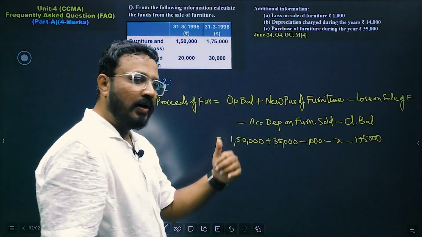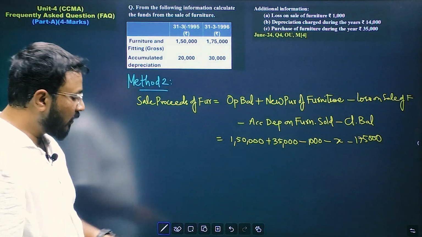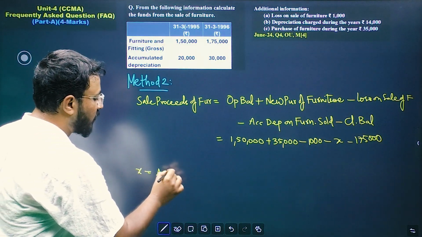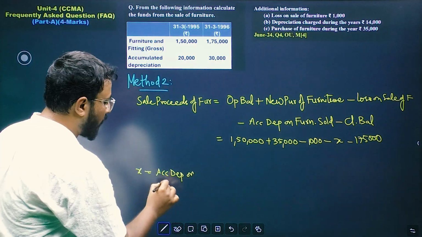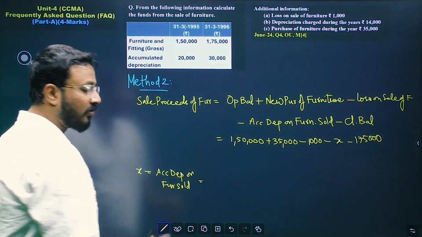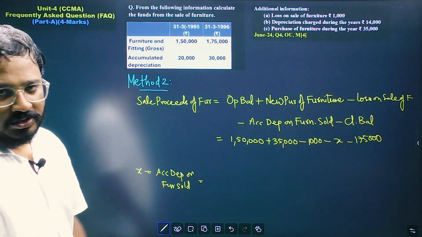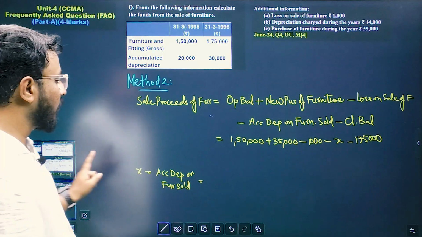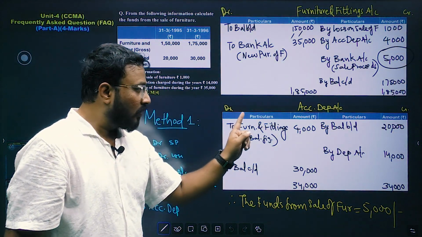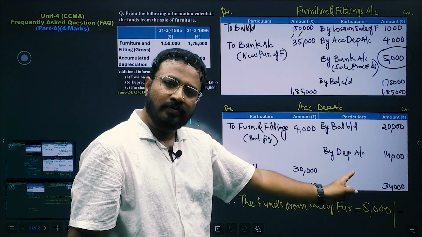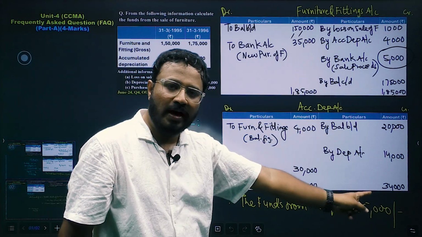Right? Let's find out that X. X రావాలంటే what is X here? X is accumulated depreciation on furniture sold. From where you will get this information? From the accumulated depreciation account. Okay. If you observe the method 1 again, what did we do? Opening balance రాసాం, current year depreciation I have written. Okay. R&D add చేసాం, we added that.